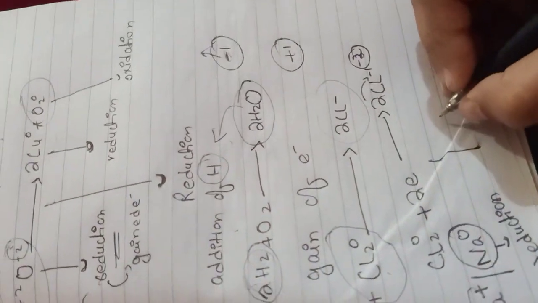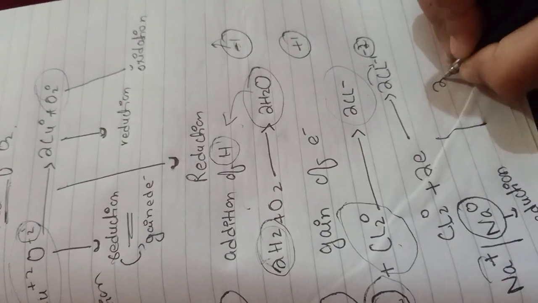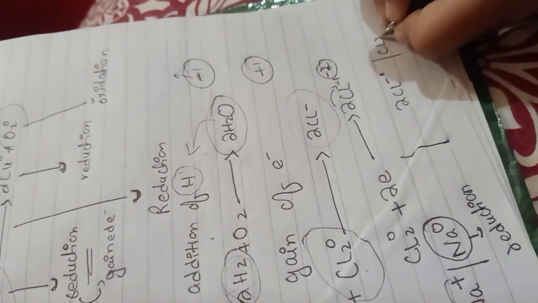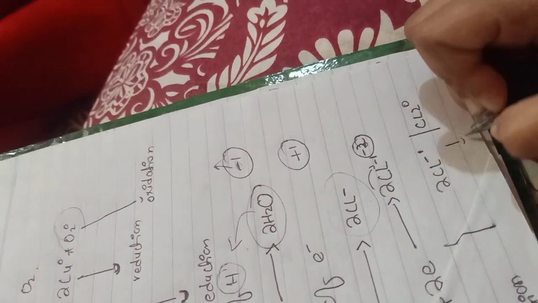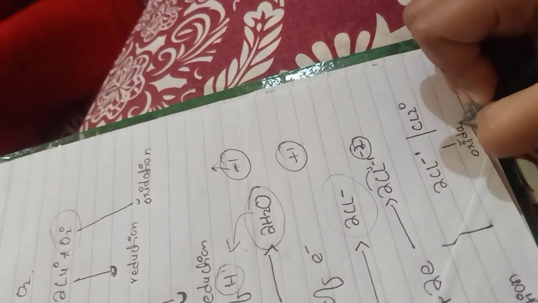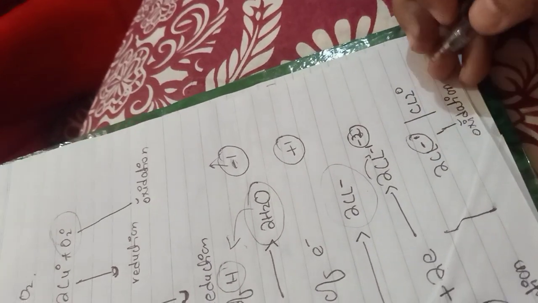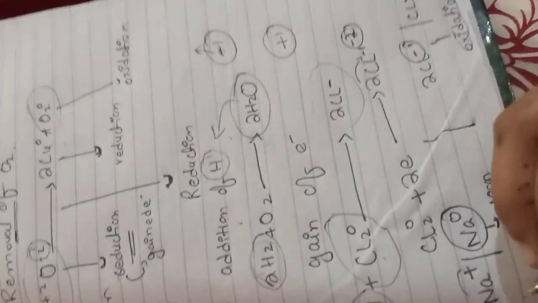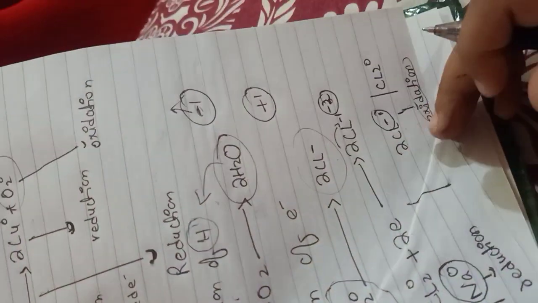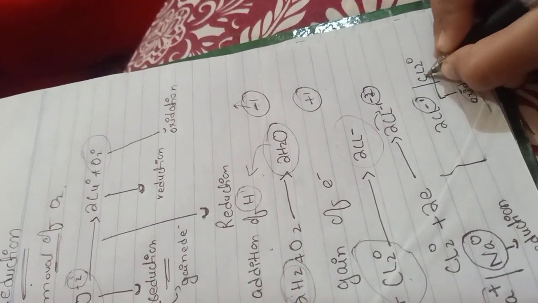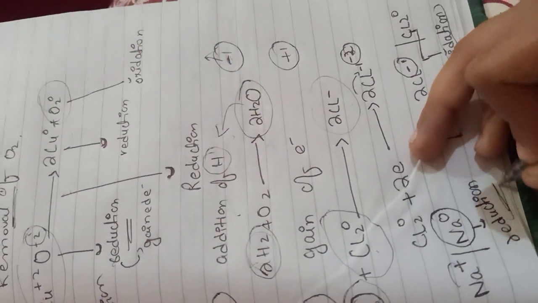And if we talk about chlorine, Cl2, here you can see that it is showing oxidation, because the negative sign is indicating oxidation. Yes, oxidation is there.